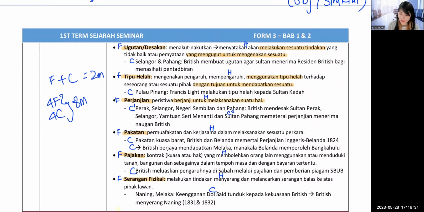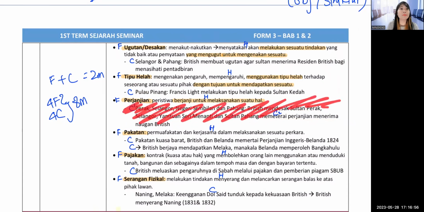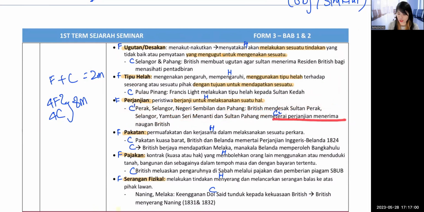For example, Perak, Selangor, Negeri Sembilan, Pahang, the Sultan to sign. So basically, here you can put the name as 1 mark, and then the memeterai is 2 marks. Or you can directly do on the contoh one, no need to write all the Sultan. You just write Sultan memeterai perjanjian menerima naungan British.